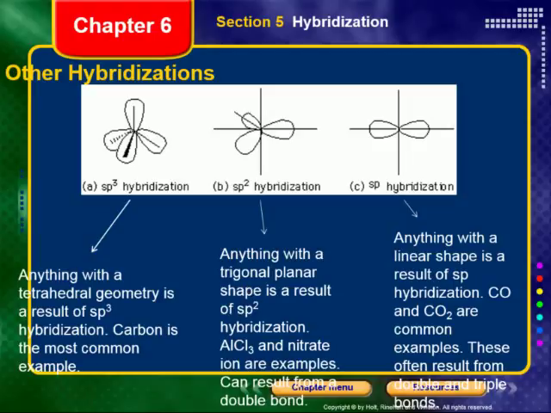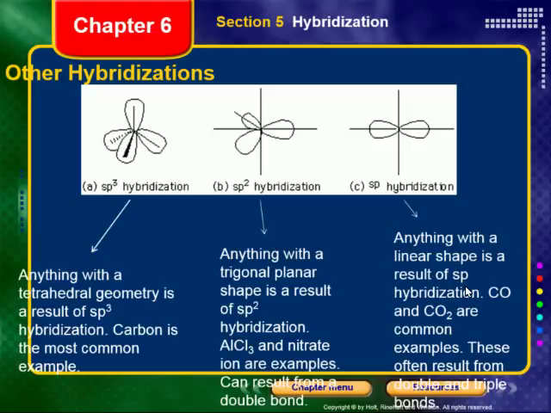Something like aluminum chloride and a nitrate ion are examples of sp2 hybridization. What an sp2 hybridization allows you to do is form a double bond. Anytime that you're seeing a double bond, it's either sp2 or sp hybridization. But when you look over here, anything that has a linear shape is a result of sp hybridization.